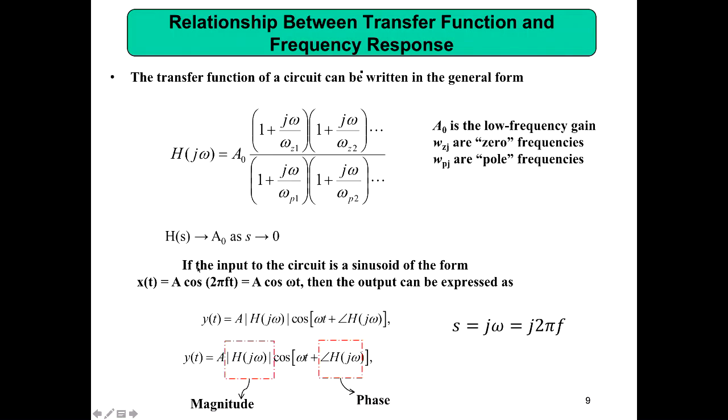If the input to the circuit is a sinusoid of the form x(t) equal to A cos 2 pi f t, that is A cos omega t, then the output can be expressed as y(t) equal to A into H of j omega, where j is the complex number, cos omega t plus the phase of H. And s equal to j omega, which is j into 2 pi f, which we already discussed in the previous slide. This is the magnitude, and this is the phase. So that is where this notation comes from.